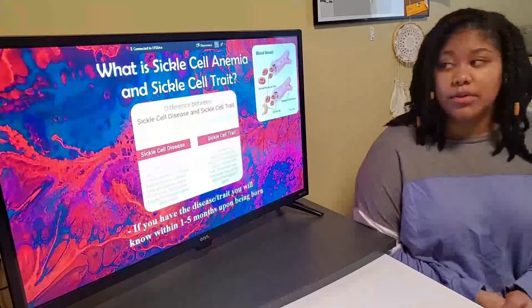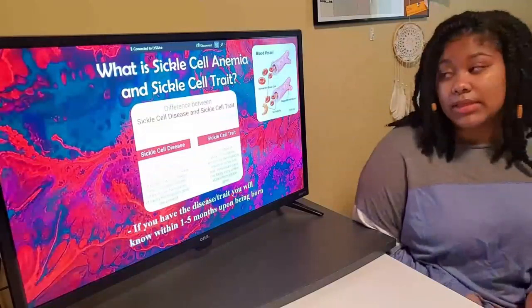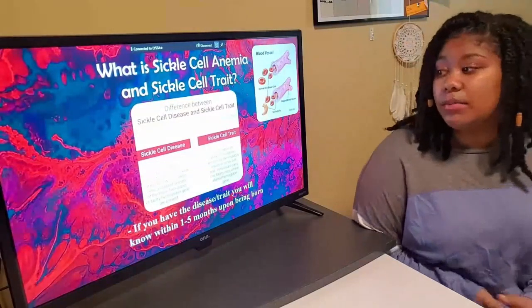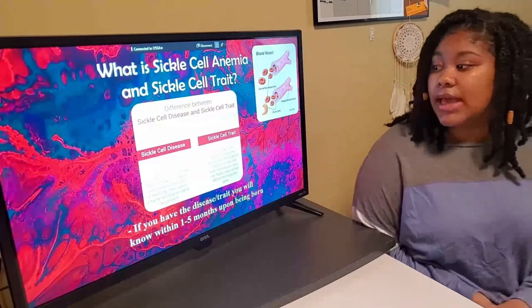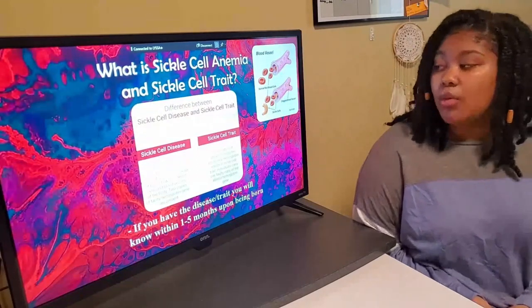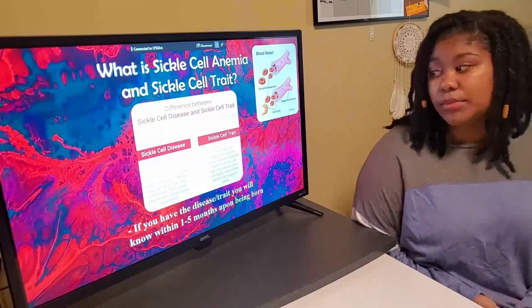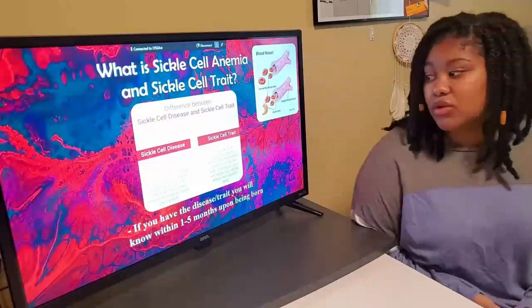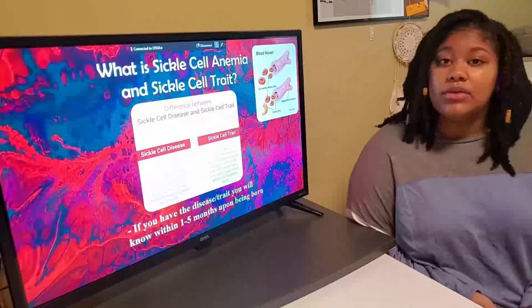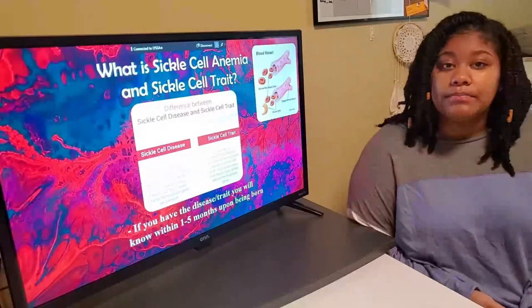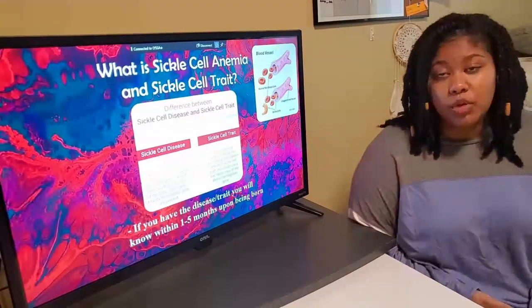What is sickle cell anemia? Sickle cell anemia or sickle cell disease are sickle-shaped structures of red blood cells that result in blockage of blood flow to different cells and blood vessels in the body, whereas sickle cell traits are combinations of altered hemoglobin and normal hemoglobin that results in sickle cell traits. So, in other words, sickle cell disease is blood cells that are only croissant shaped, they are abnormal.